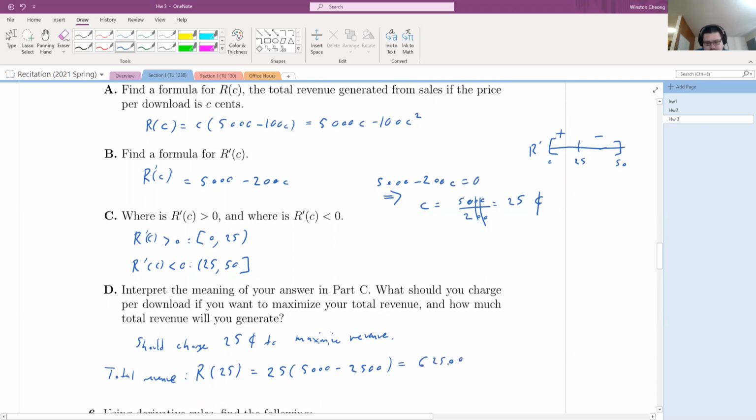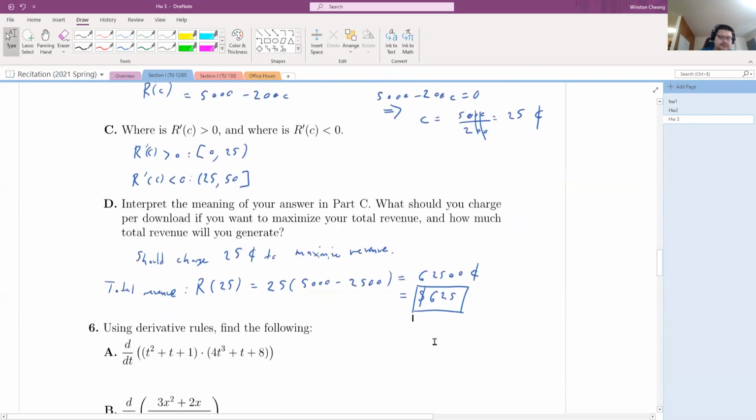Yeah, that's what I got before. And important to note is what are the units here, right? So this is still in cents, okay? So then it makes a lot of sense to convert that over to dollars, right? So this is actually $625. And I would box this.